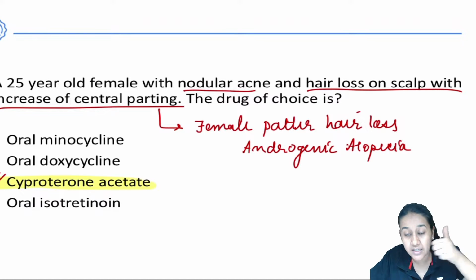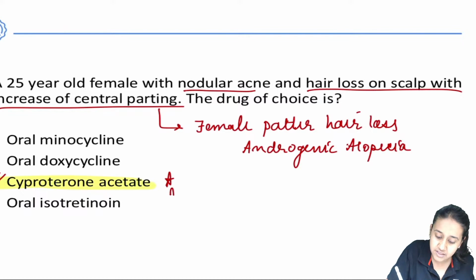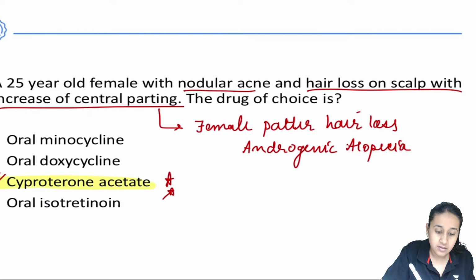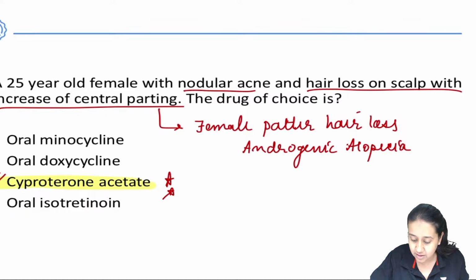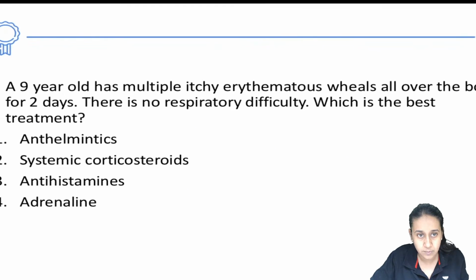Whenever you have an increase in the circulating levels of androgen, you have to give an anti-androgen drug. The only anti-androgen drug which is available is cyproterone acetate. Clear? If you give anti-androgen, it will cause improvement in both hair loss as well as nodular lesions.